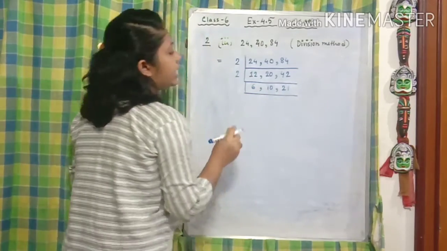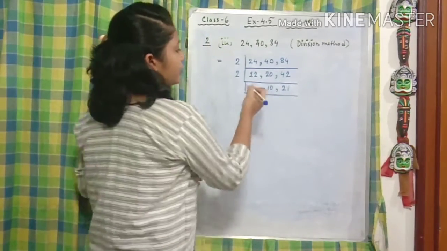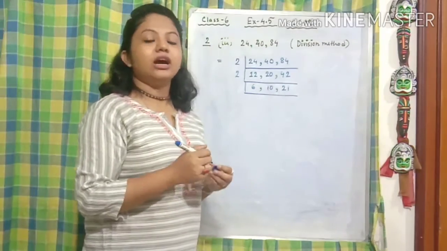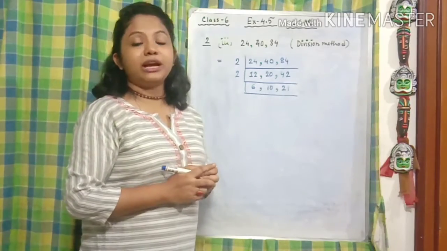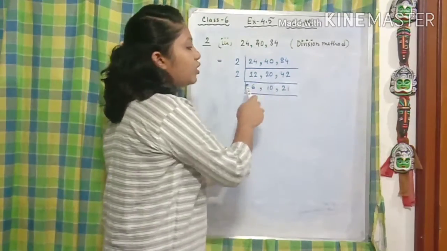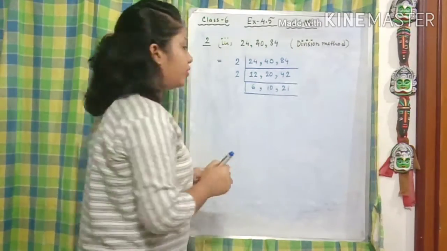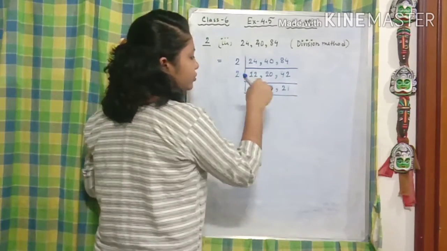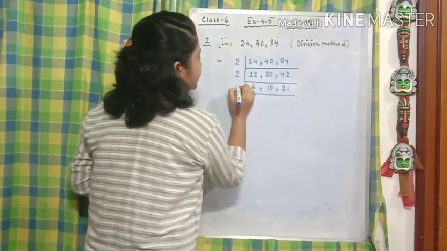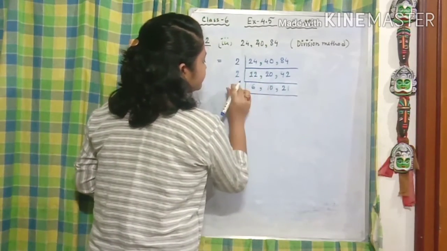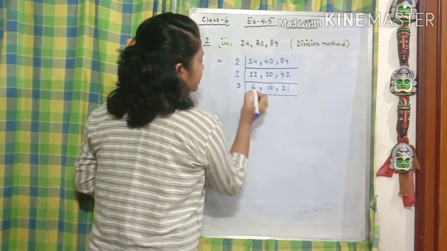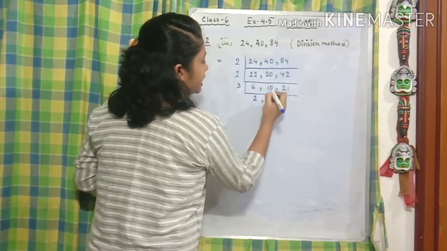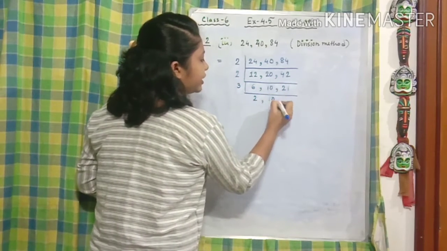Then once again, we can either divide it by 2 or by 3, because at least two of them are going to be divided. For that I am going to use a different number, that is 3. So 3 twos are 6. Now 10 will not be divided by 3, right?